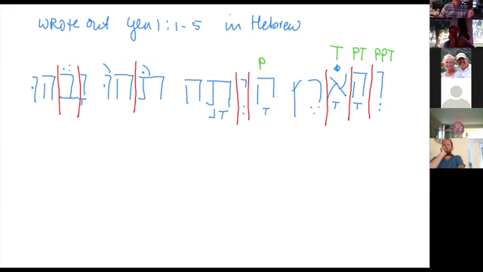So hayeta, the stress is on the last one. So this is pretonic and this is propretonic. Tohu, so this is the stressed, or the tonic. So this is pretonic. Here is the stress, so this is pretonic. And there is no name for a syllable after the syllable that carries the stress.